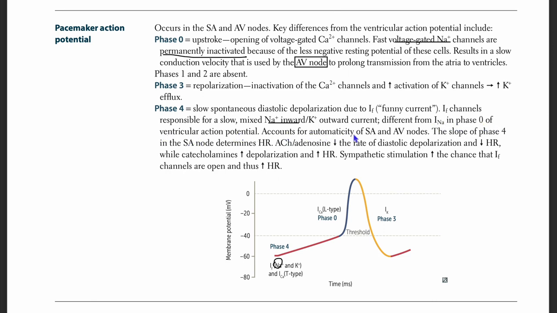This accounts for the automaticity of the SA and AV nodes. The slope of phase 4 in the SA node determines the heart rate. If it's steeper, it reaches threshold faster and the heart rate is faster. If it reaches it slower, the heart rate is slower.